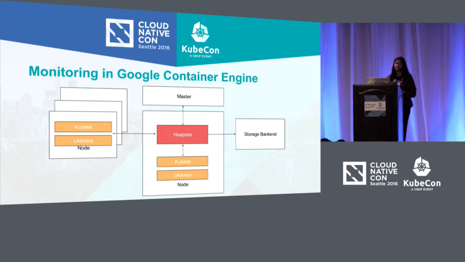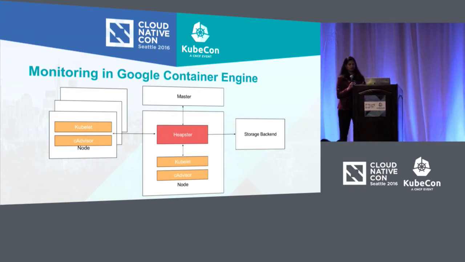Secondly, in terms of user monitoring, the way that user metrics are collected is through the Heapster add-on that I mentioned earlier. There's a cAdvisor that runs on every single node inside the kubelet agent, and it gathers statistics from all the containers in your cluster and exports them via REST API.